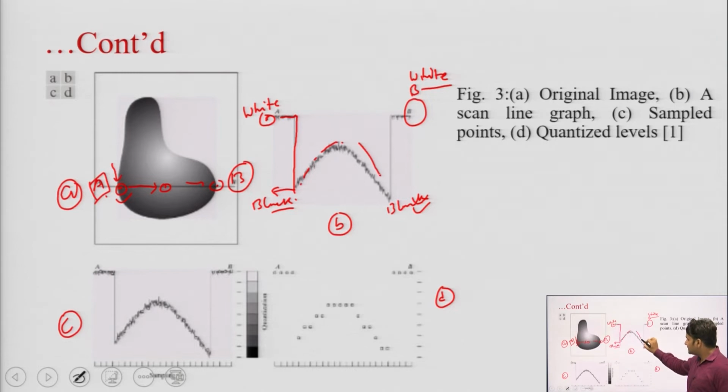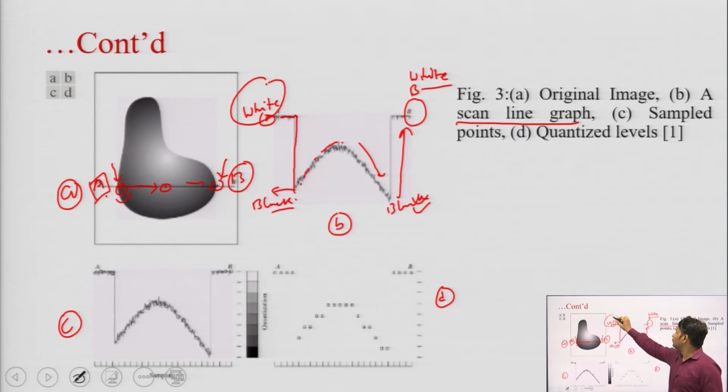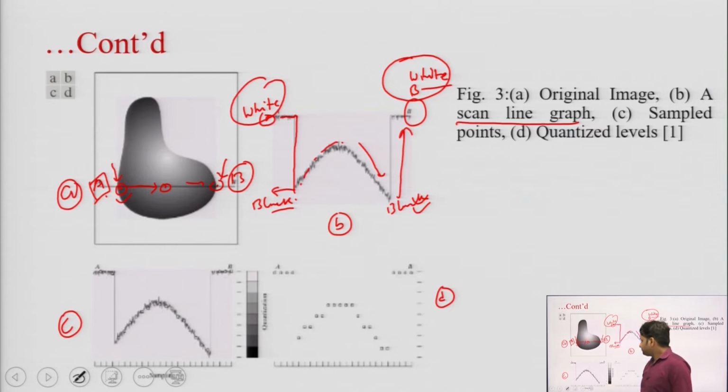So, again it is going downward, and at that particular point it changes abruptly and goes towards the white portion. So, this is the scan line graph by which you can identify the white to white portion, meaning the A to B portion, and based on this A to B portion you can sample each and every portion.